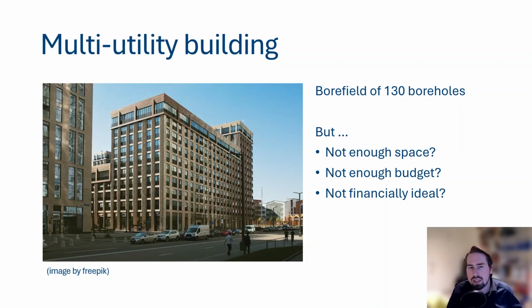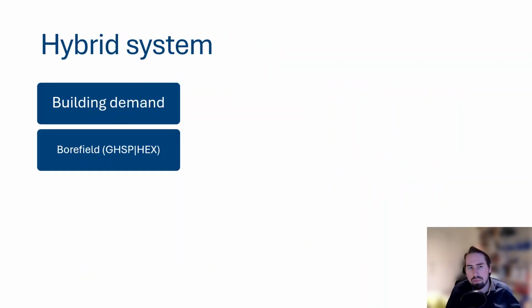So that's exactly what hybrid systems are. If we have on the one hand our building demand, which we can deliver with our bore field, with our ground source heat pump and our heat exchanger for passive cooling, then we say that we have a 100% geothermally cooled and heated building.